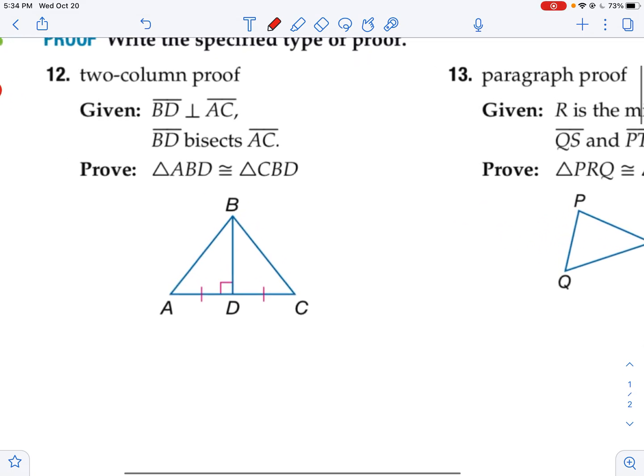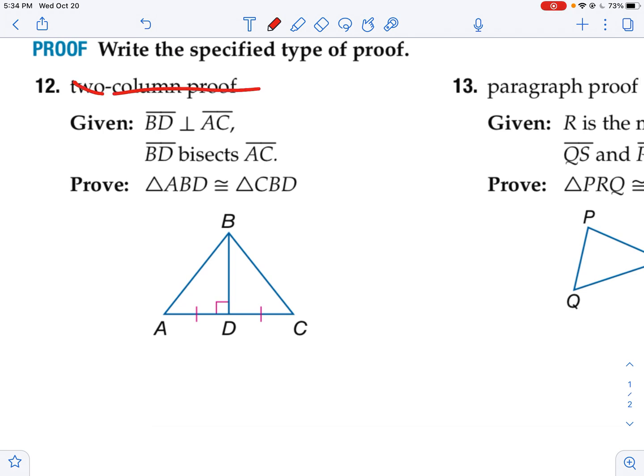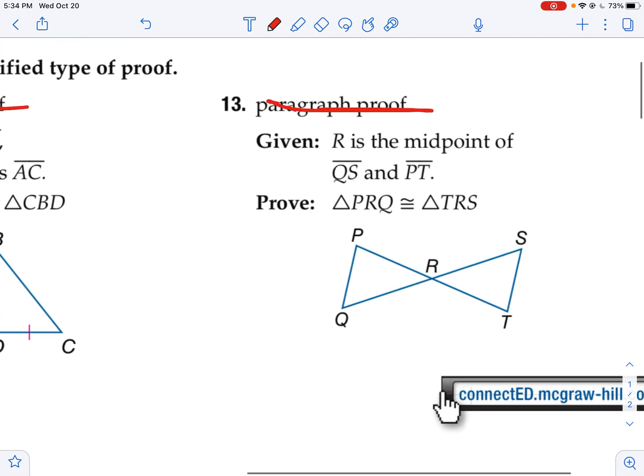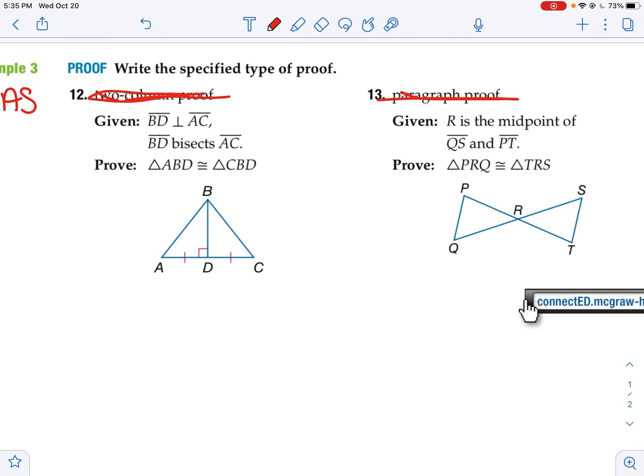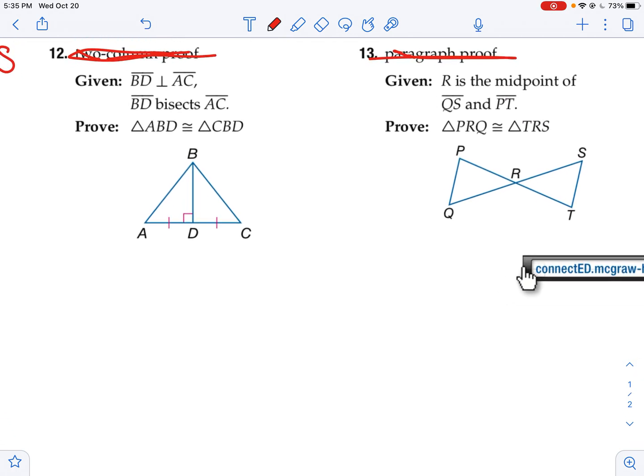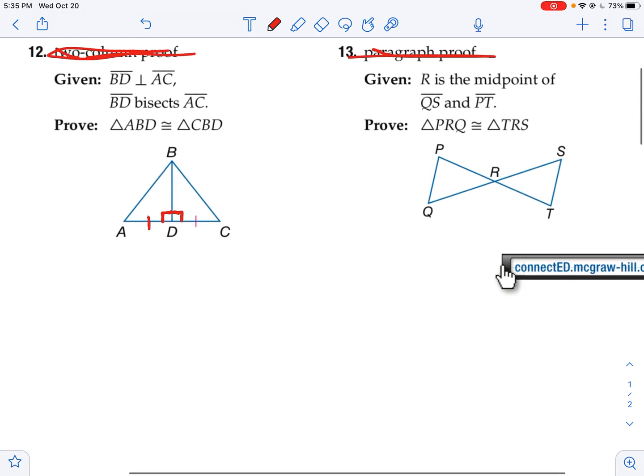So let's take a look at our two-column proof there. We're just going to do everything as two-column proofs. We're not going to worry about what type of proof they ask for right now. Given that BD is perpendicular to AC, so there's an angle and there's an angle. BD bisects AC, which means that these two things are congruent.